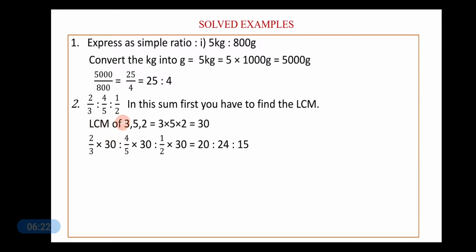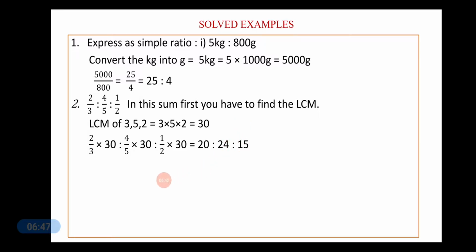See the second sum over here. There are 3 terms. 2 by 3, which is a fraction, is to 4 by 5, which is another fraction, is to 1 by 2, which is the third fraction. So in this term, we have to first take out the LCM of these 3 terms. So the LCM of 3, 5 and 2 you will get as 3 into 5 into 2 equal to 30.